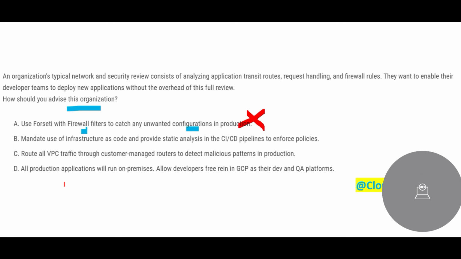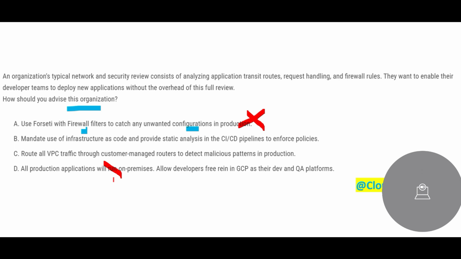On premises is Stone Age. If you are feeling it is harsh, that is a reality. If you are working on systems which are totally on premises, you are working in the Stone Age, and don't try in other companies. Nobody will hire you.